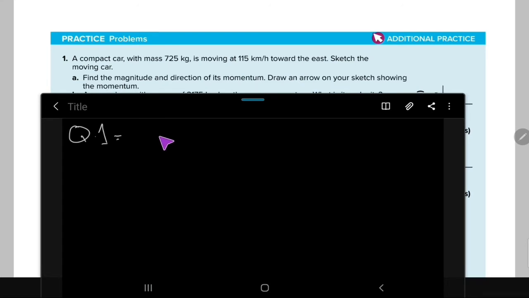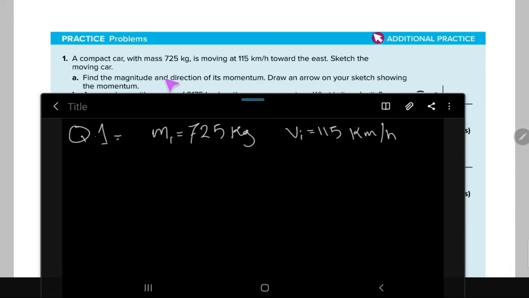Here we have the mass, which is 725 kilogram. Also, we have the moving, that means the velocity of the car, which is v initial, that's equal to 115 kilometer per hour to the east. Find the magnitude and the direction of its momentum.